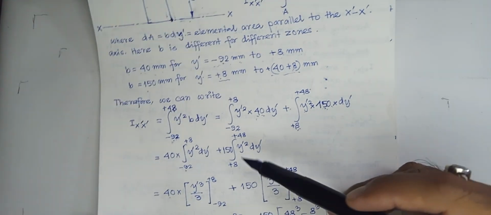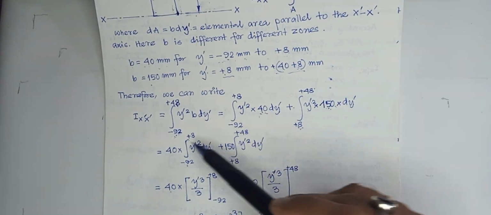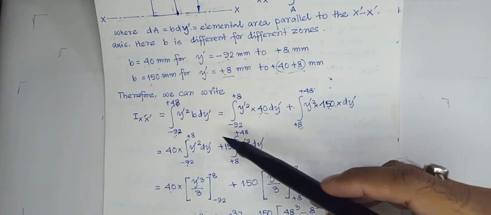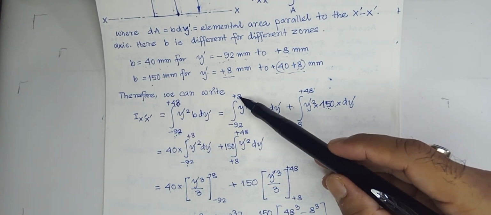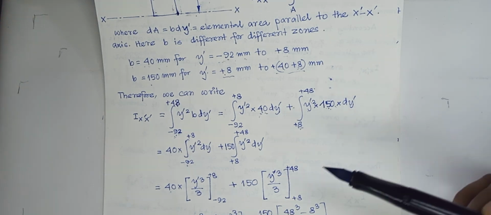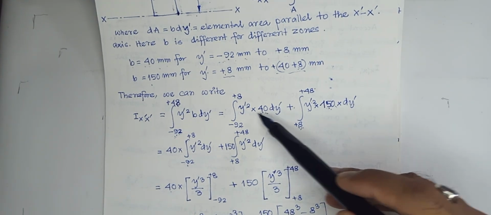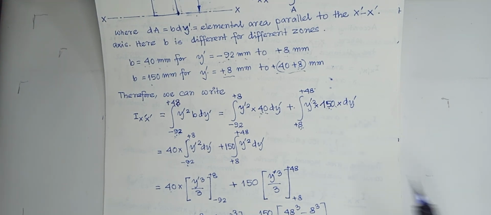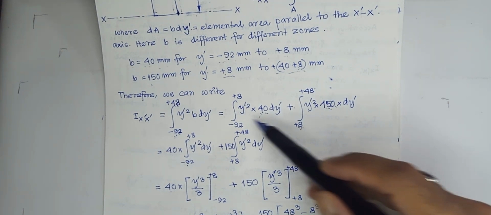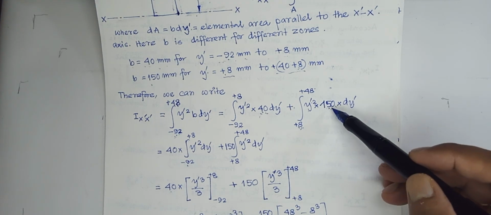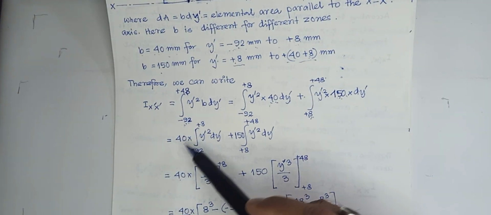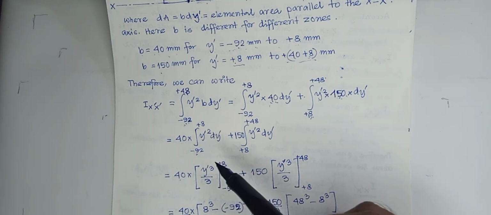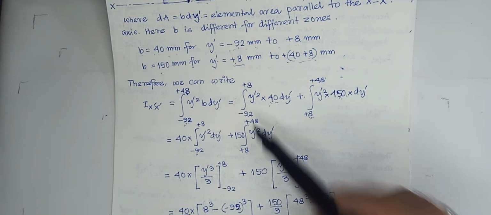So I have just split the integral, so minus 92 to 48 is split into minus 92 to 8 and 8 to plus 48. So for this zone b is 40 and for this zone b is 150. Now since b is constant, b is taken out of the integral.